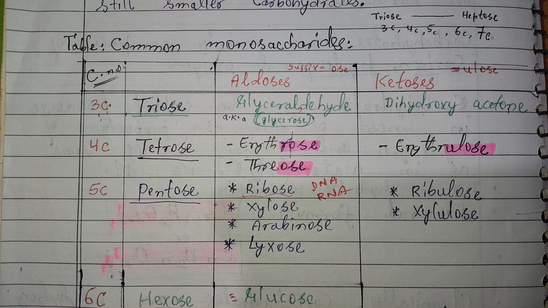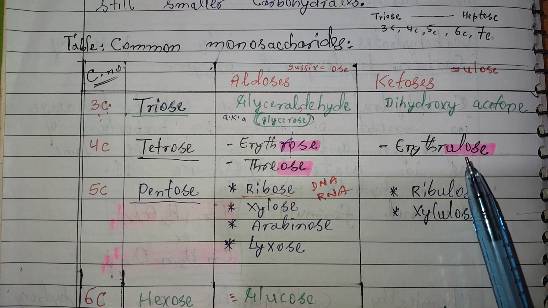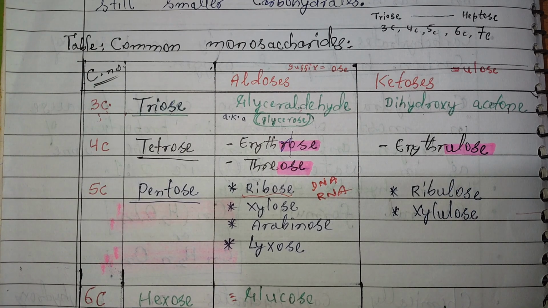Similarly, the 4 carbon monosaccharides are referred to as tetroses. Among the aldehydic tetroses, we have erythrose, threose, etc. And the ketonic tetroses include erythrulose, and so on.